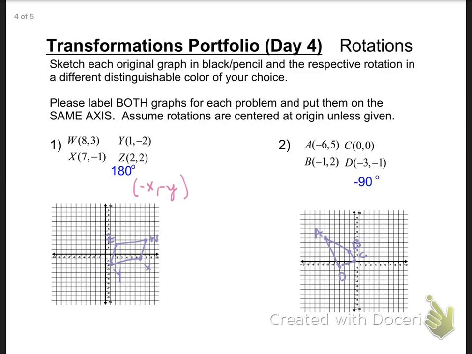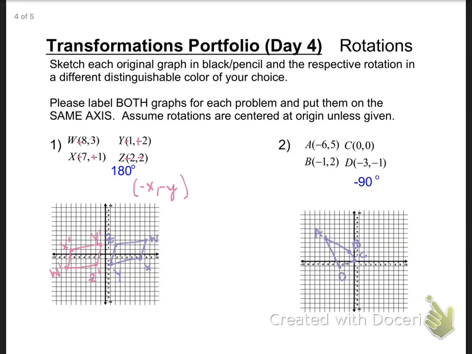So if I go back and I flip, flip, flip, flip, flip, flip, flip, flip, now I've got -8, -3 for w prime, -1, +2 for y prime, -7, +1 for x prime, and -2, -2 for z prime. And if you look, all of the points that were on the top are now on the bottom. The points that were on the bottom are now on the top, so it flipped that image.